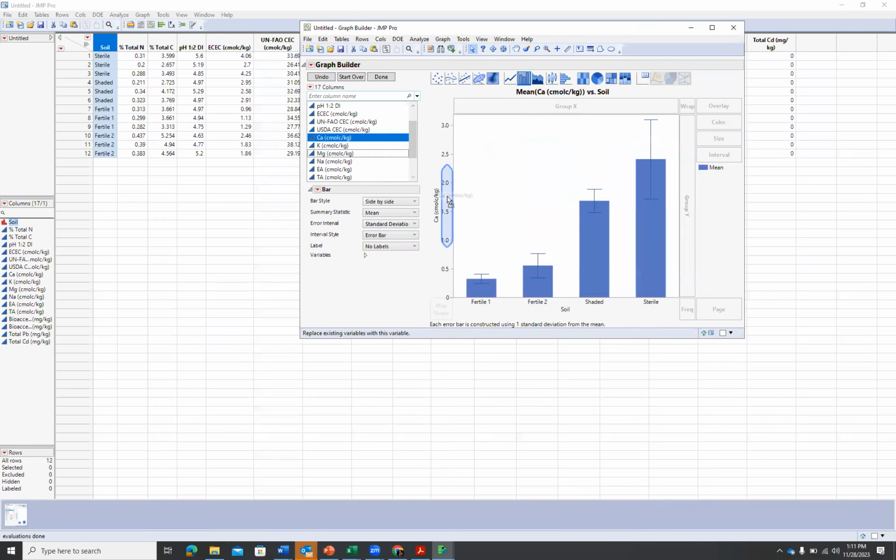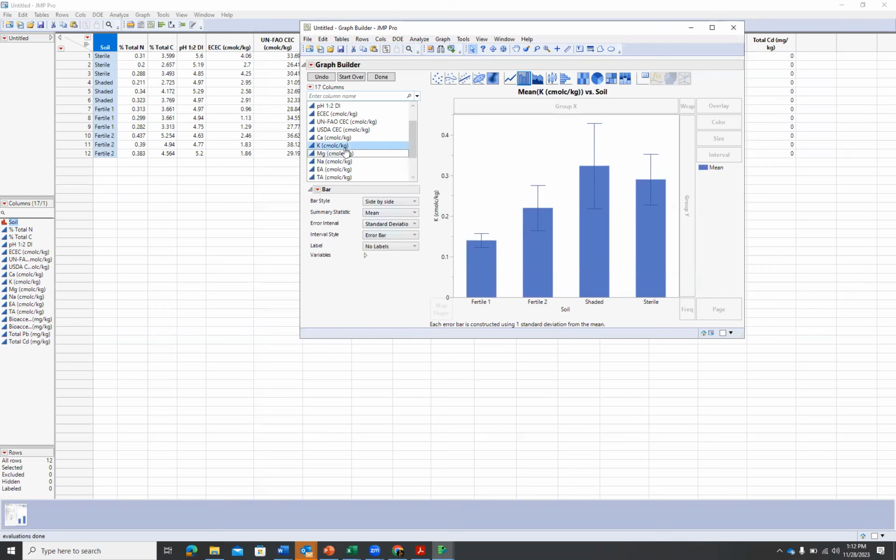So let's see about calcium. Calcium does show some differences, right? We see a trend of our fertile areas having a lower quantity of exchangeable calcium than the areas that the grower called less fertile or poor growing conditions. Let's see if potassium is similar to that. And potassium is not quite as sensitive as calcium was.